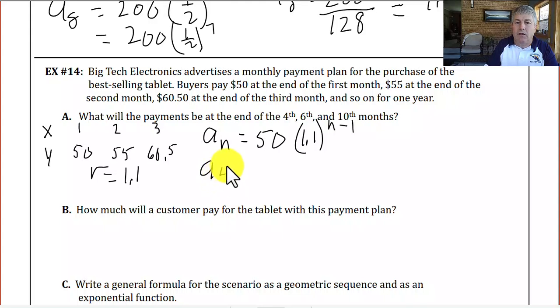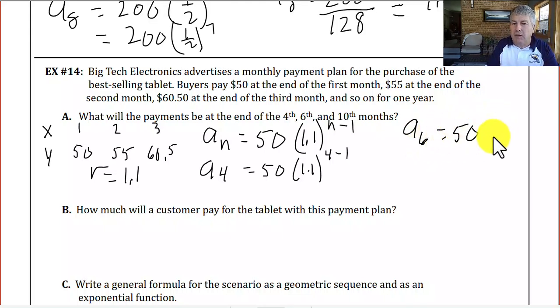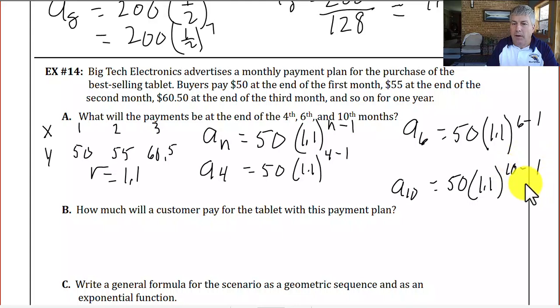That then gives us A sub 4 equals 50 times 1.1 raised to the 4 minus 1. And A sub 6 equals 50 times 1.1 to the 6 minus 1. And A sub 10 equals 50 times 1.1 to the 10 minus 1.